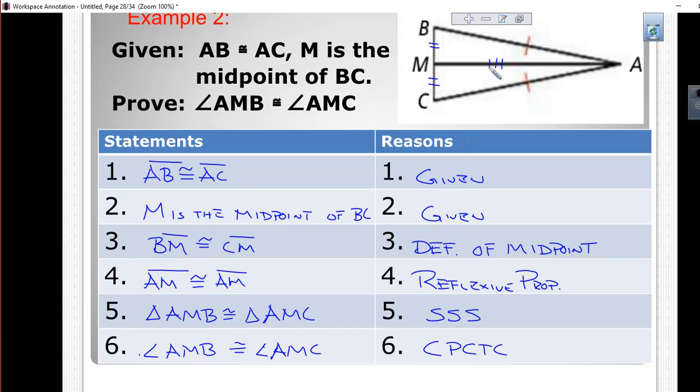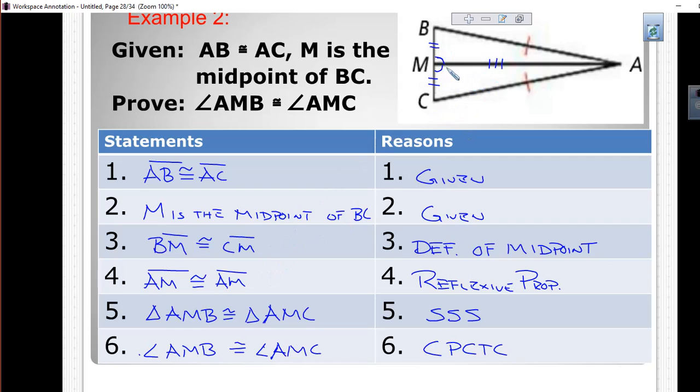So now we have three sides congruent to three sides, so we can prove triangle AMB congruent to triangle AMC by side, side, side. Now that we've proved they're congruent, we can say that angle AMB is congruent to angle AMC, because the triangles were proved congruent, so all their corresponding parts are congruent.